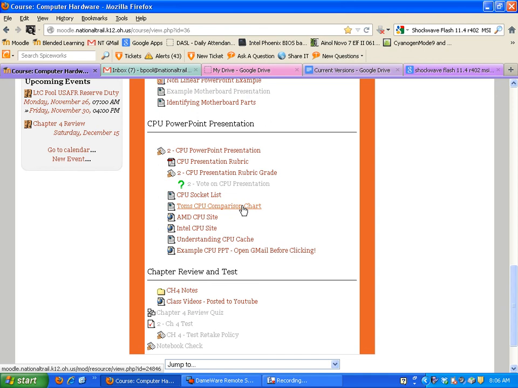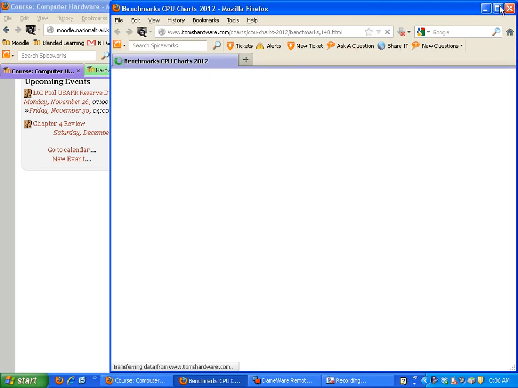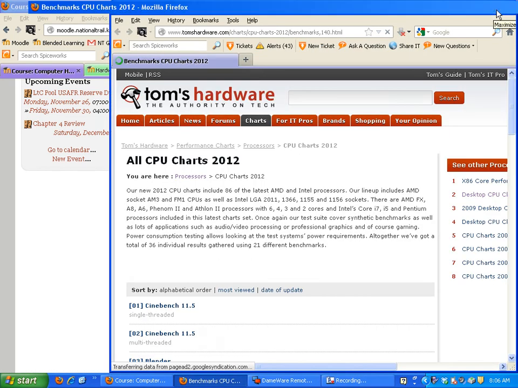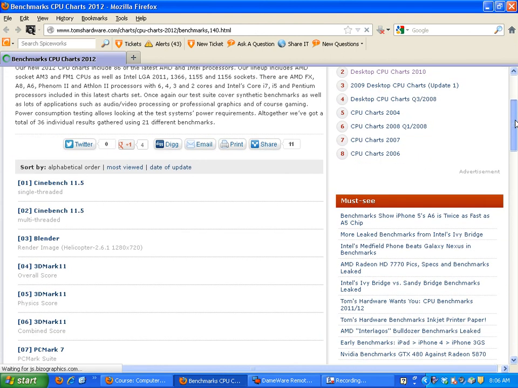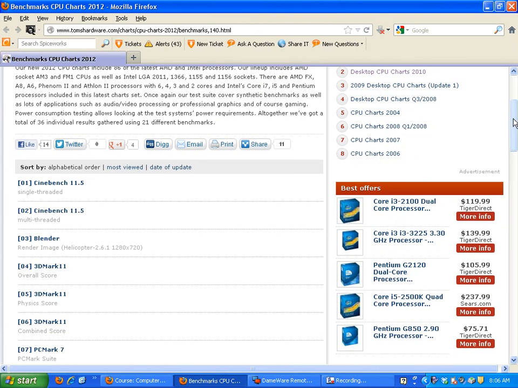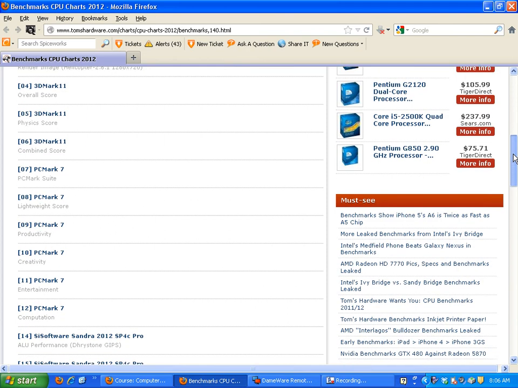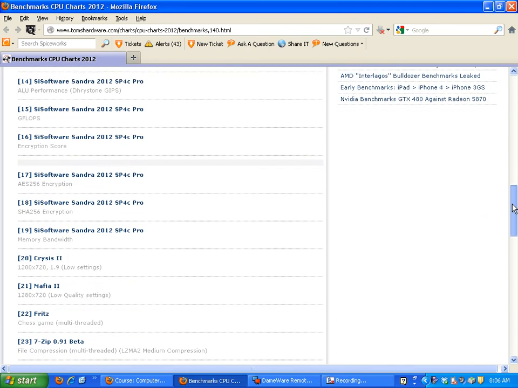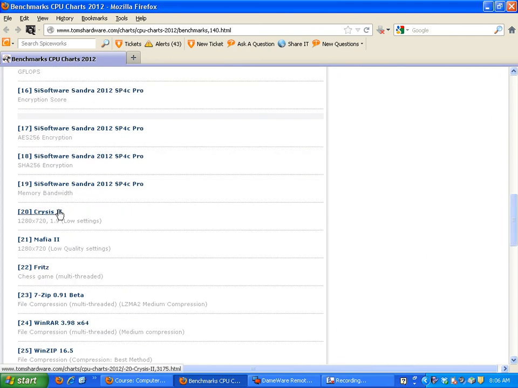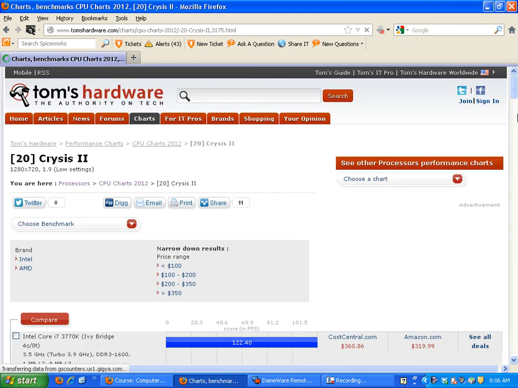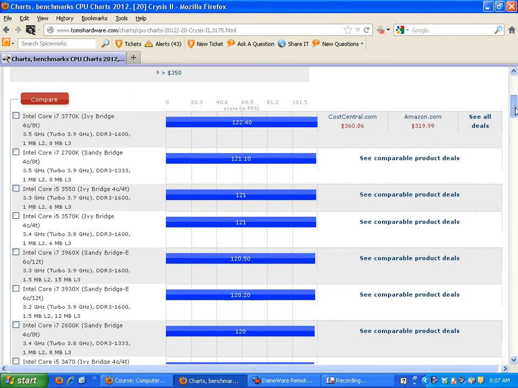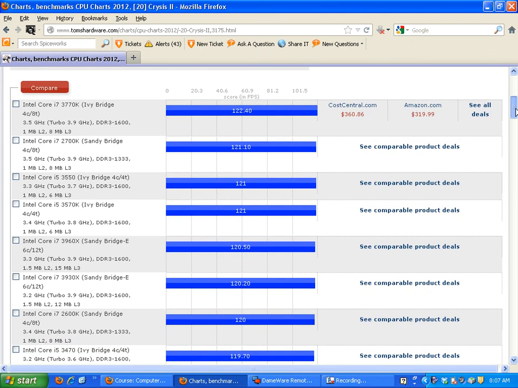And then there's some charts from Tom's Hardware, which compares CPUs based on specific software usage. Okay? So if I go down here and I want to compare all the CPUs and I know I'm going to be a gamer, so I'm going to go down to Crysis 2 and pick that one out, it's going to tell me the order of the CPUs by speed with this particular game.